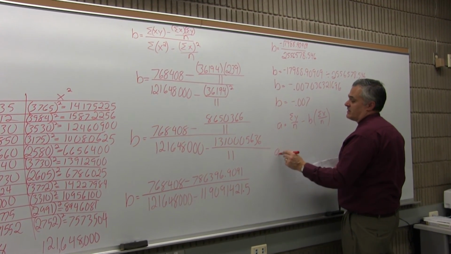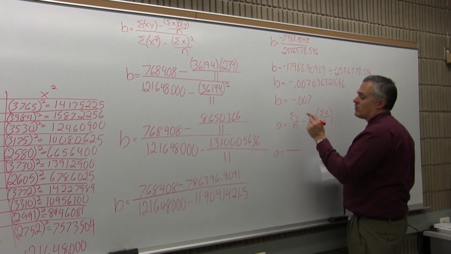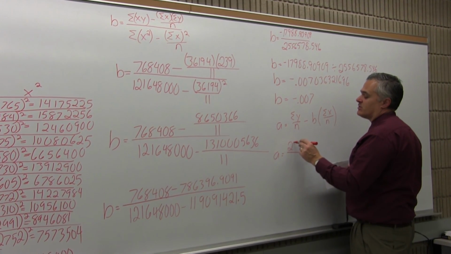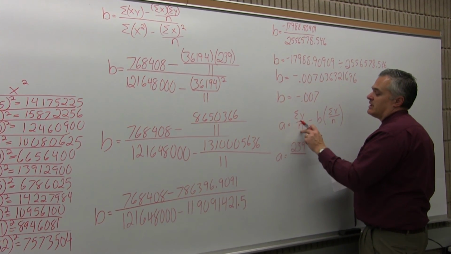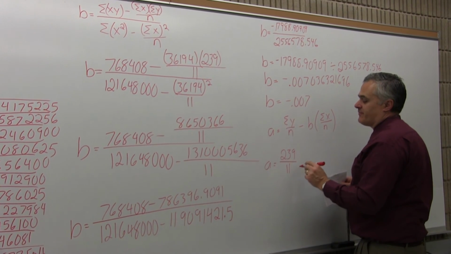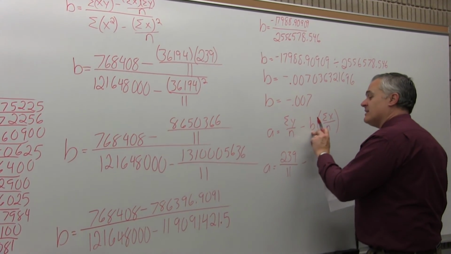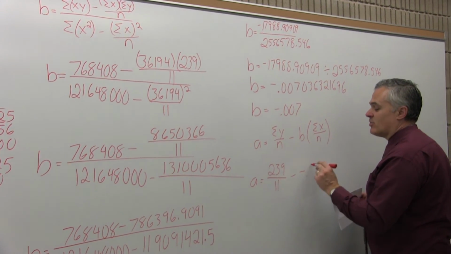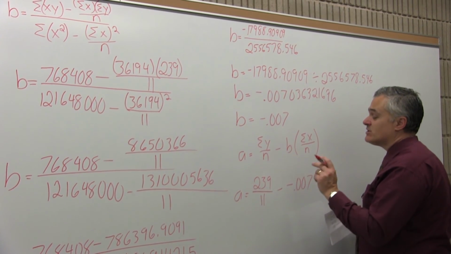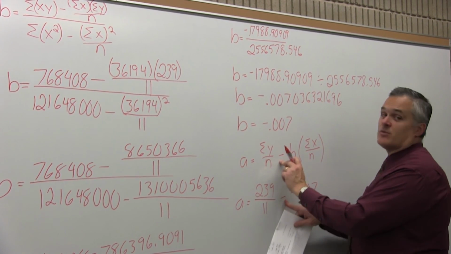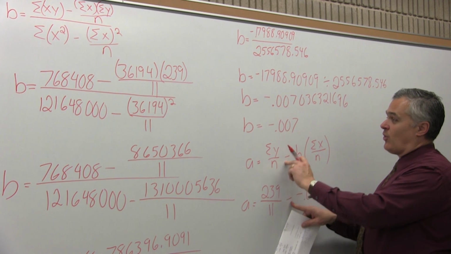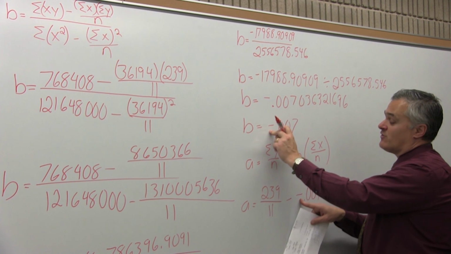So now a equals total of the y values, total of all the gas mileages, that total is 239. And divide by n, n is 11. Minus b, the b that we just found, is negative 0.007. Notice two negatives, one negative from the formula for a, one negative from the fact that the value of b is negative.